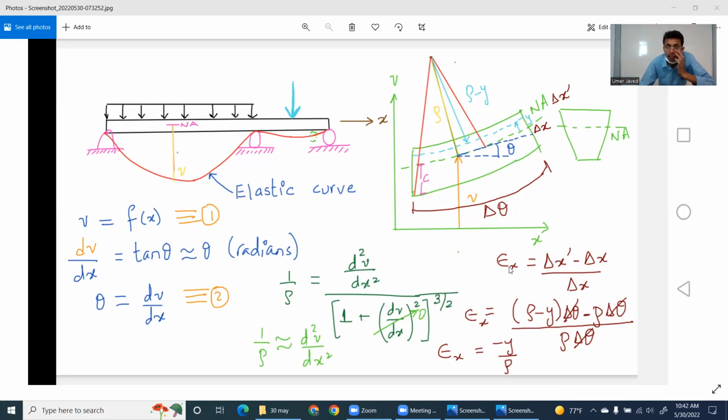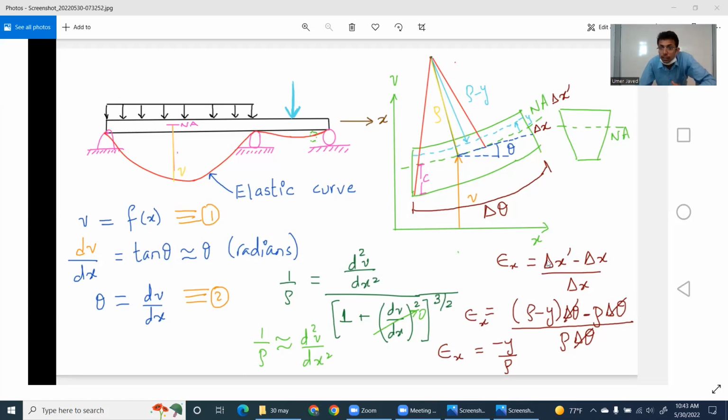In this derivation, what I will say is that strain in the X direction, these are derivations, so I will just go over it, is equal to (delta X prime minus delta X) over delta X. That is change in length over original length. So for any fiber at distance Y, delta X prime is the length along the X direction, and delta X is the original length of the fiber, which is actually the neutral fiber, divided by the original length.